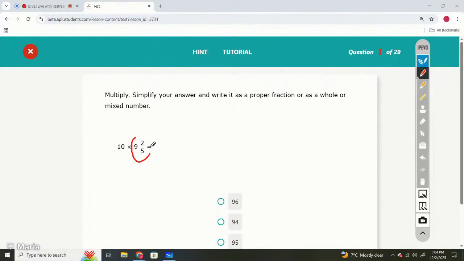We need to multiply. First, convert this 9 whole 2 by 5 to an improper fraction. We have to do whole number times denominator, that is 9 times 5, and then add the numerator. 9 times 5 is 45. 45 plus 2 is 47 over 5.